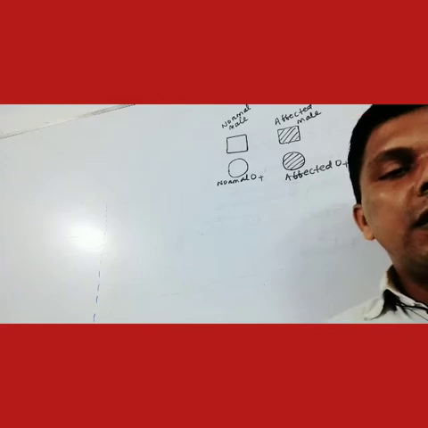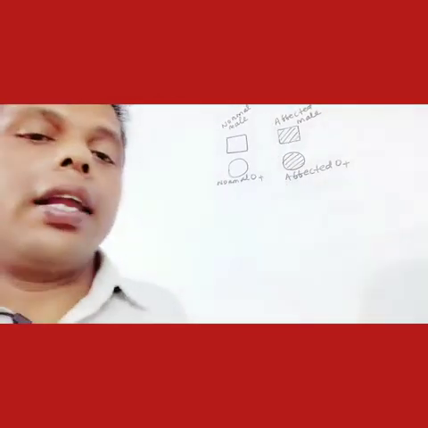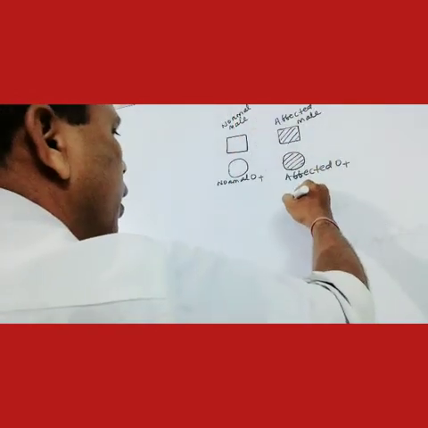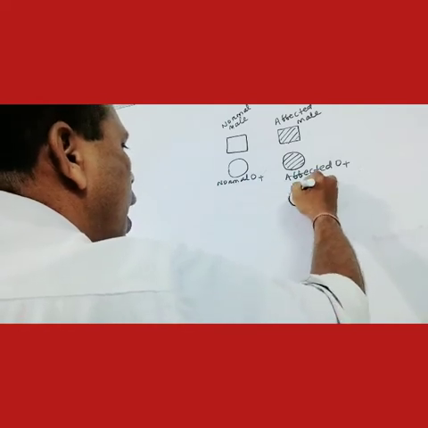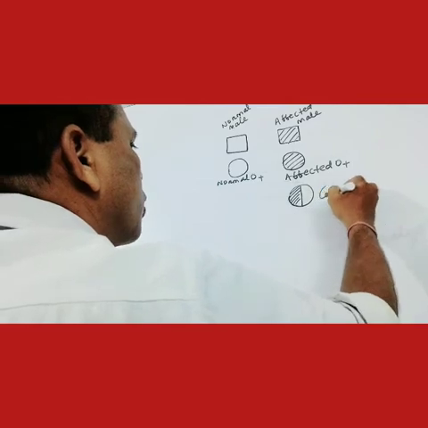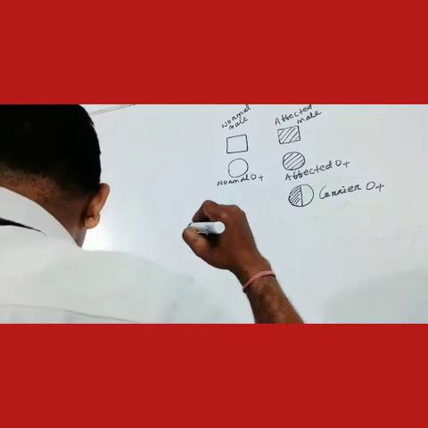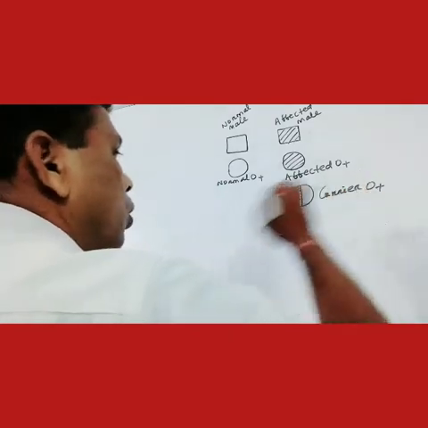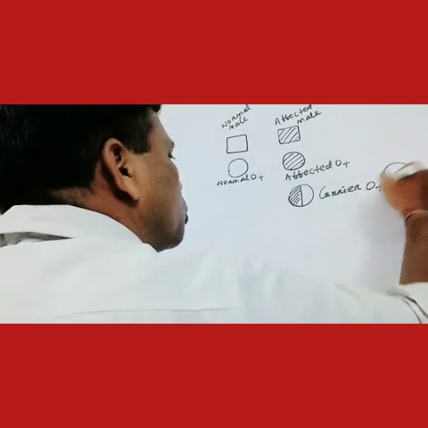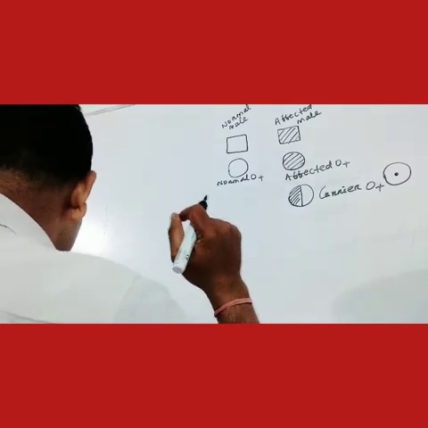As we know, a male can never be a carrier, but a female may be a carrier. So carriers can be represented by a half-darkened symbol; these are carrier females. We can also represent a carrier by this symbol, which is another method of representing a carrier.